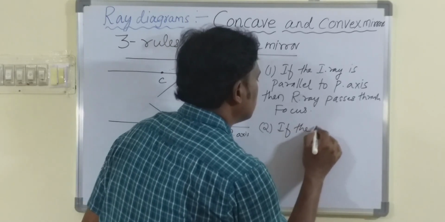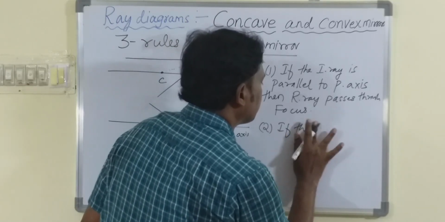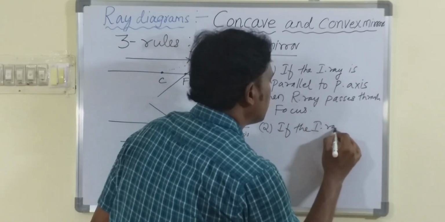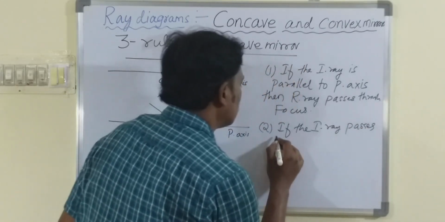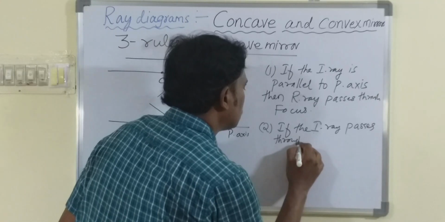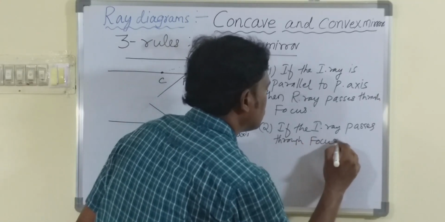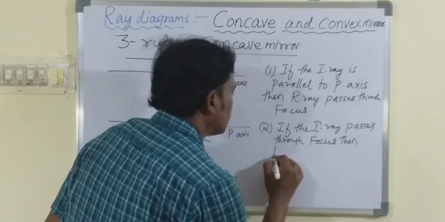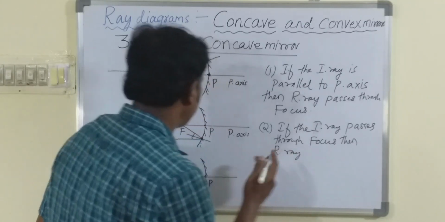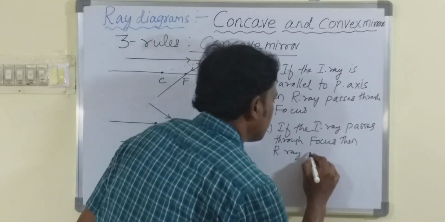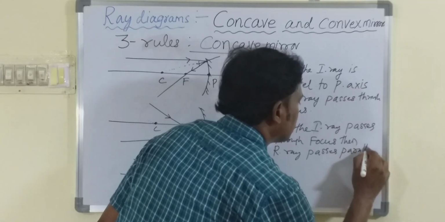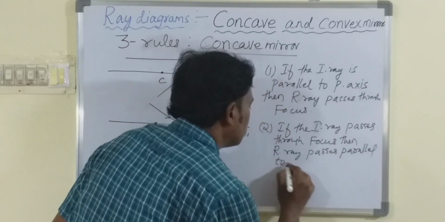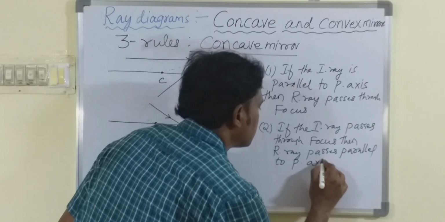If the incident ray passes through focus, then reflected ray passes parallel to principal axis.